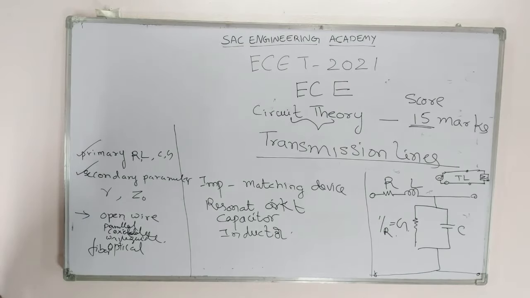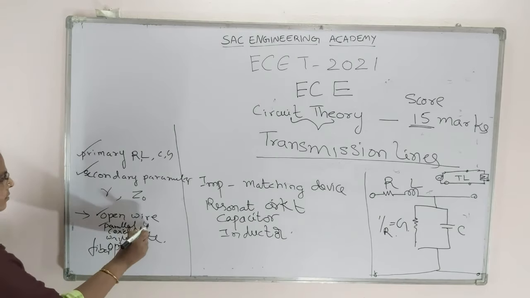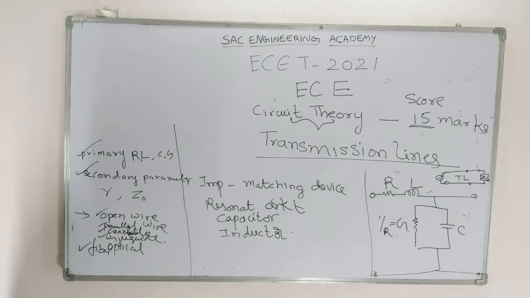These are the open wire, parallel wire, coaxial cable, waveguide, and fiber optical cable. These are the different types of transmission lines.